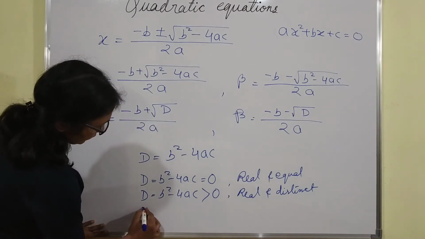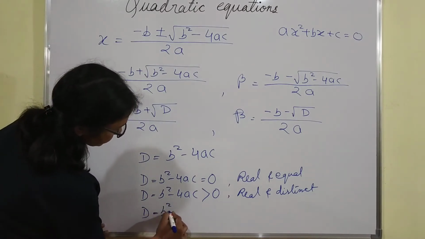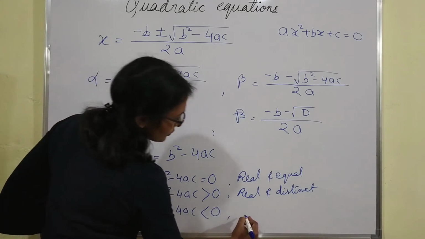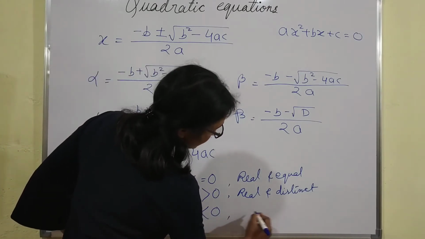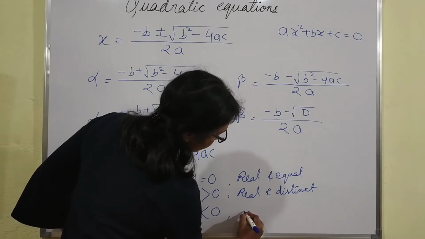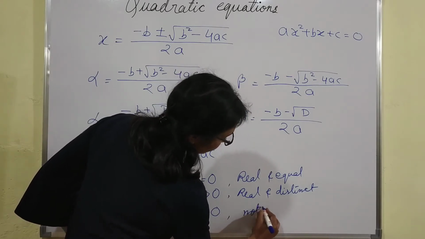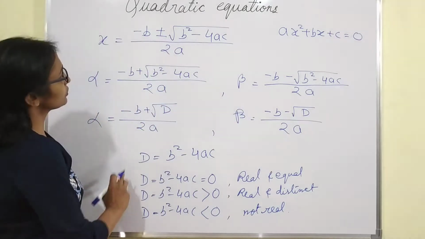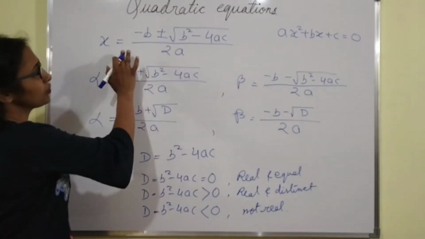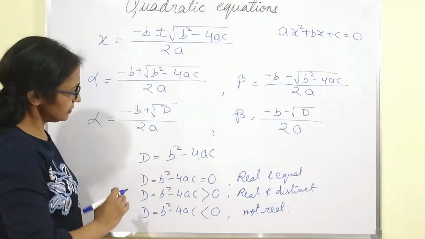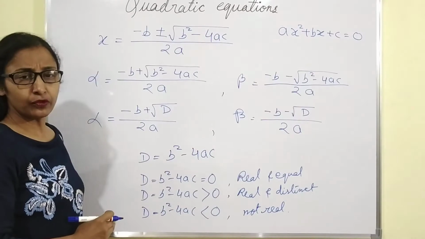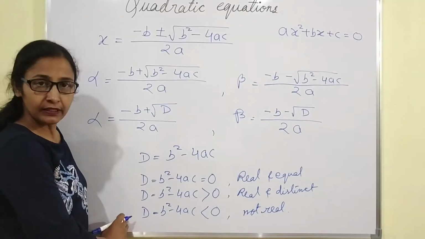And if d is less than 0, then roots are not real. So this is the formula to find roots and the value of roots. Otherwise, the nature of roots depends on the value of d.